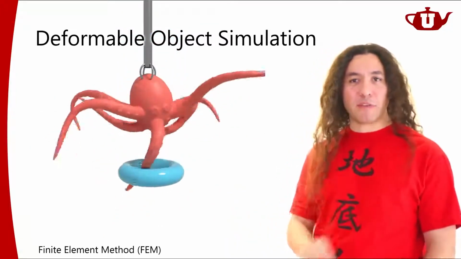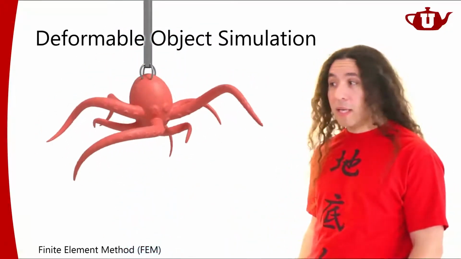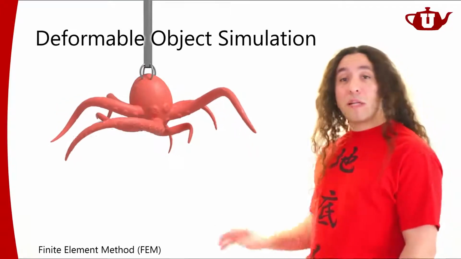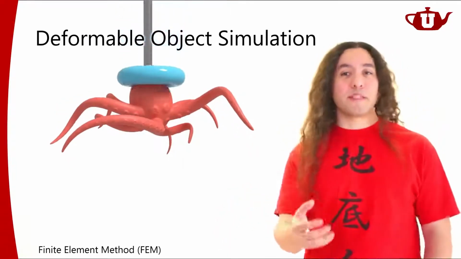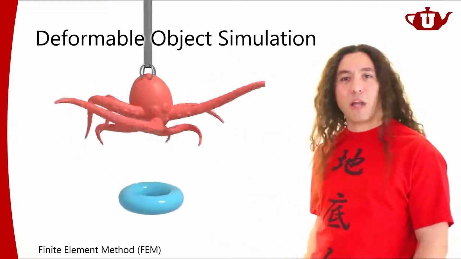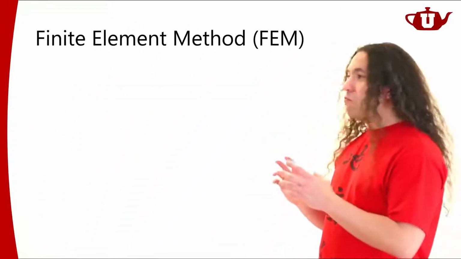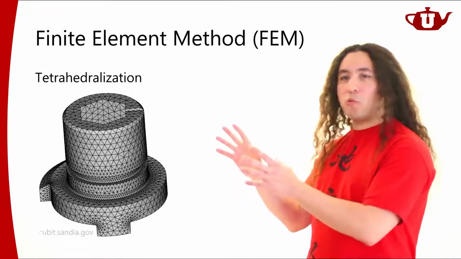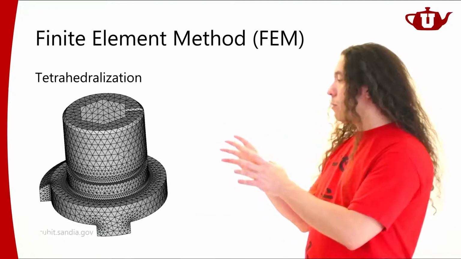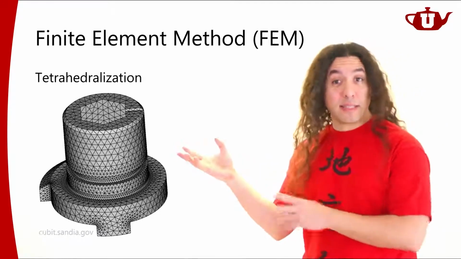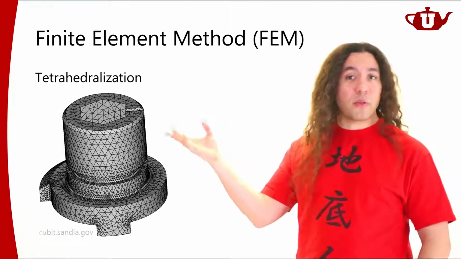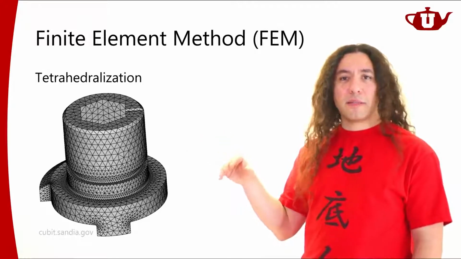So I would like to talk about the finite element method a little bit. The finite element method is one of the methods for simulating deformable objects. And the way it works is that we take an object and we discretize it in one way or another. We typically, for a 3D object, tetrahedralize it.